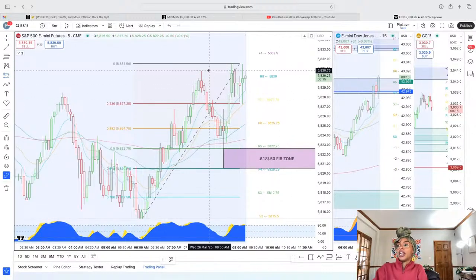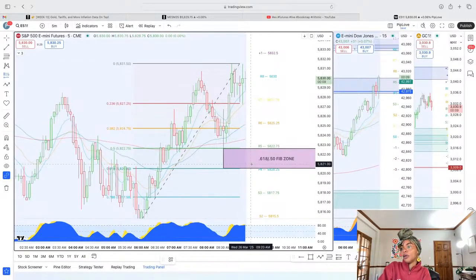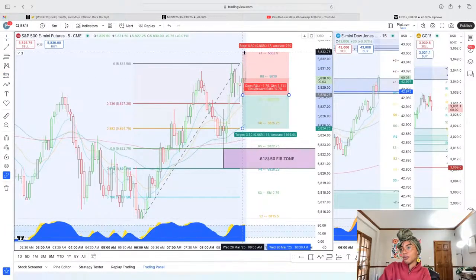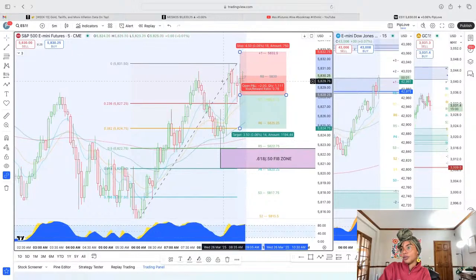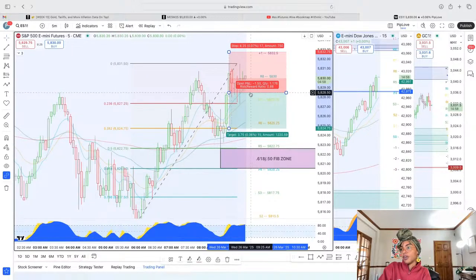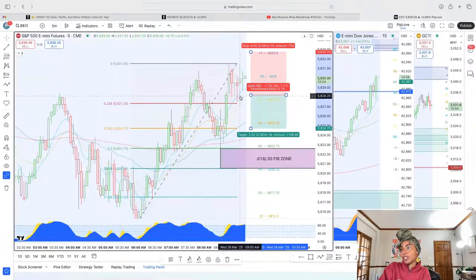We've come down. Now that we have an idea of where the market might go, which is this 50.61.8 level, we can place a position on. First of all, I wouldn't enter this trade until price breaks below this level, and I'm going to set my stop loss a little bit above this area.